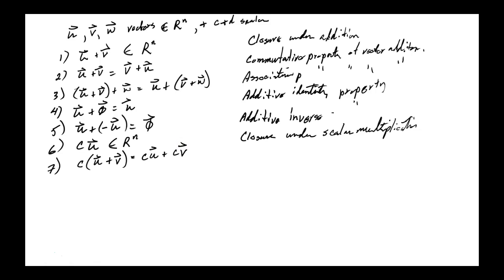Okay? And you do each one at a time and you get there. Like here you'd have u1 plus v1, u2 plus v2, u3. You do C times this. You're absolutely right.